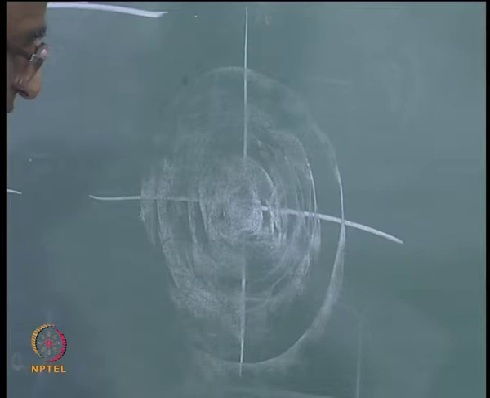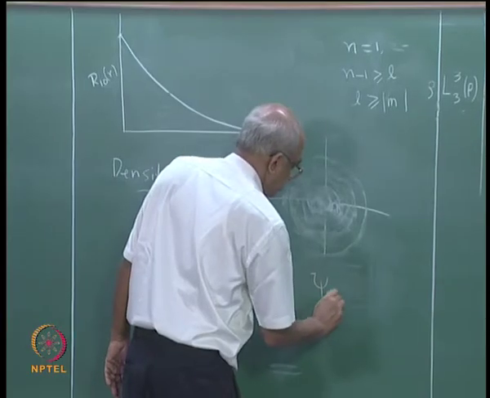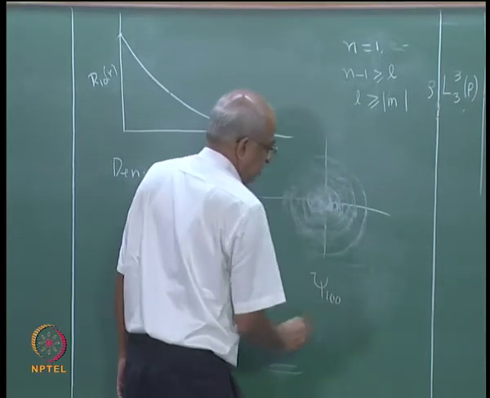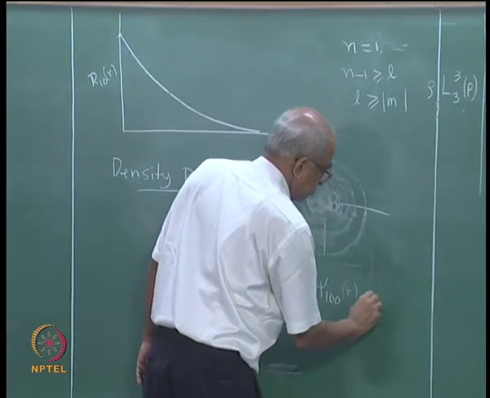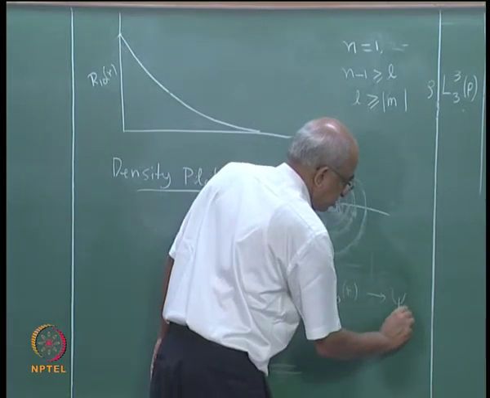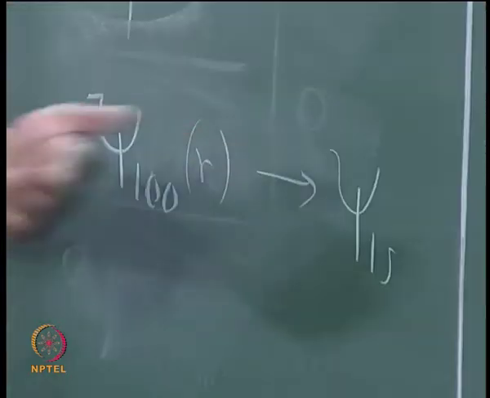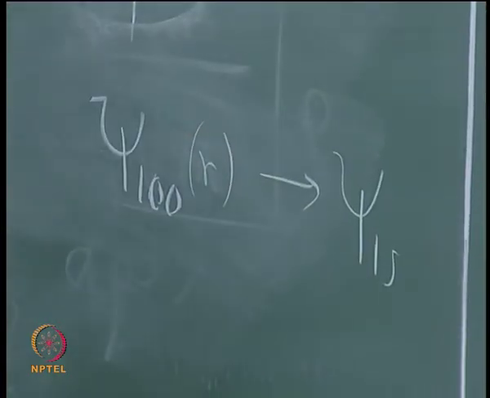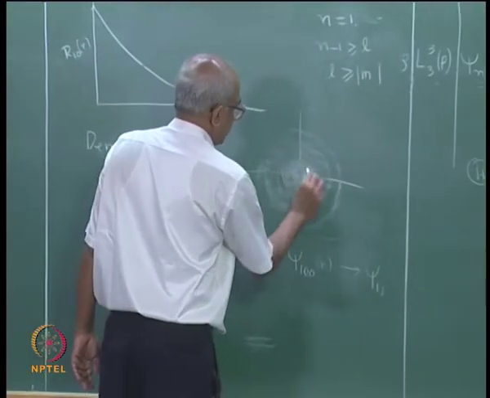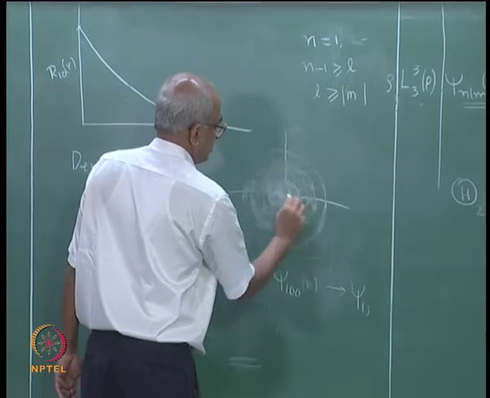This is psi 100. Instead of writing psi 100, I will also write psi 1s, because this is what we refer to as the 1s atomic orbital. So, this is the way in which I can represent this atomic orbital.